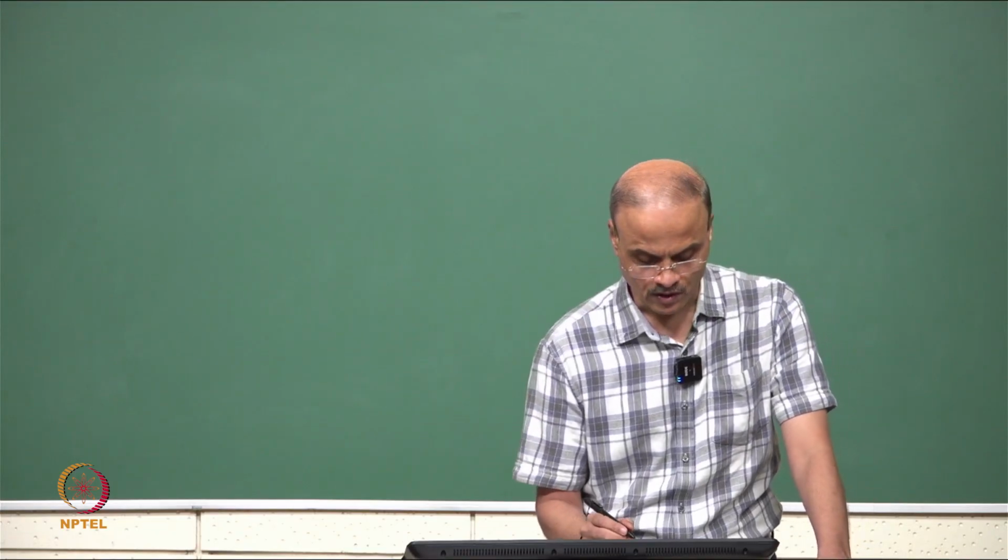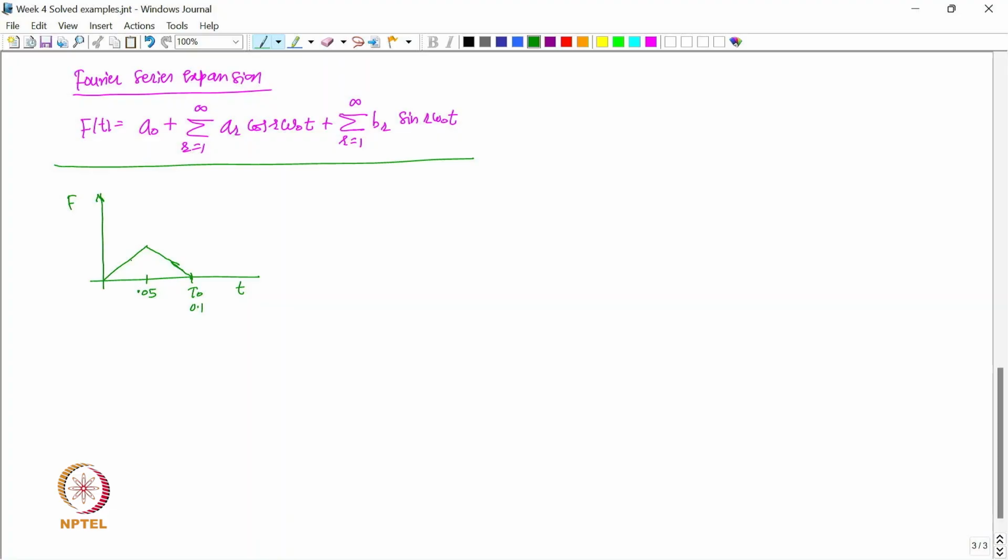What is the slope of this line? Because we know that this quantity is 10, the slope of this line is equal to 10 upon 0.05, which is 200.